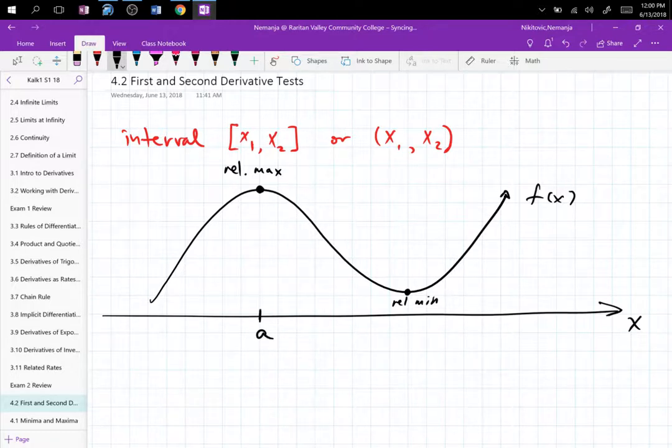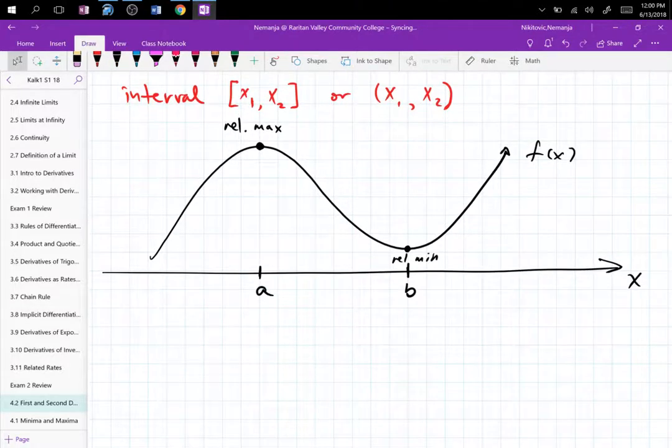Now I will place those at A and B locations. Now we know that these two ends are going to negative infinity and positive infinity on the x-axis. So I labeled everything that was important.